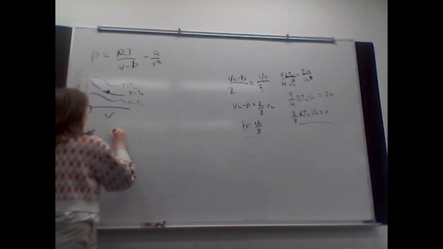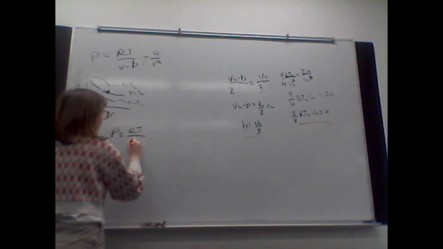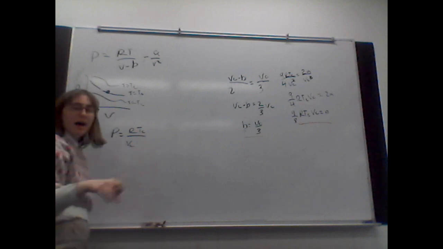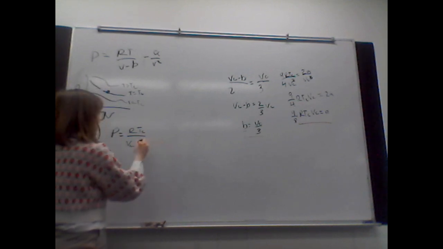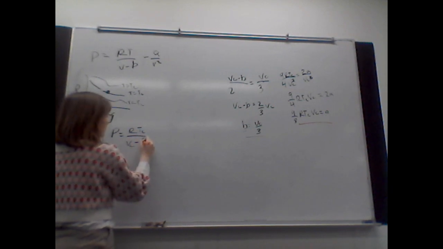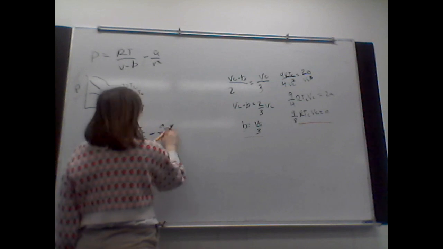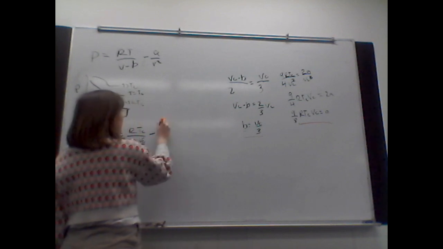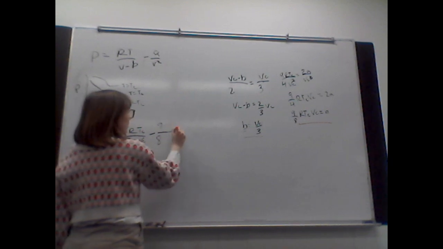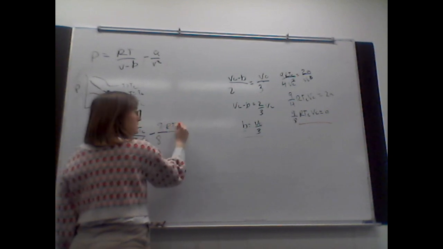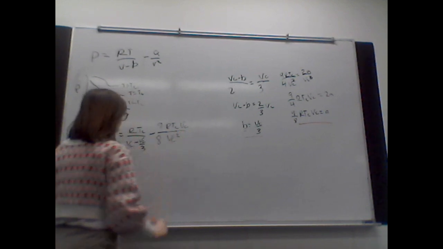So we have P, RT, V. This is all going to be at the critical point. So B minus VC to the 3rd minus A over, A can be substituted as 1/8 over RTC VC, and then this is VC squared.